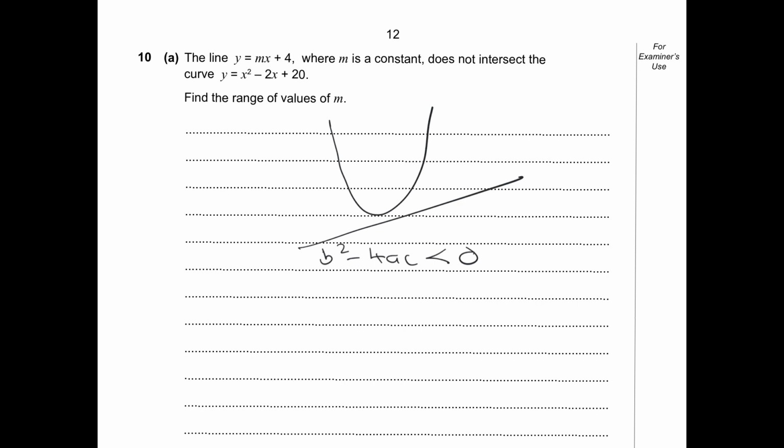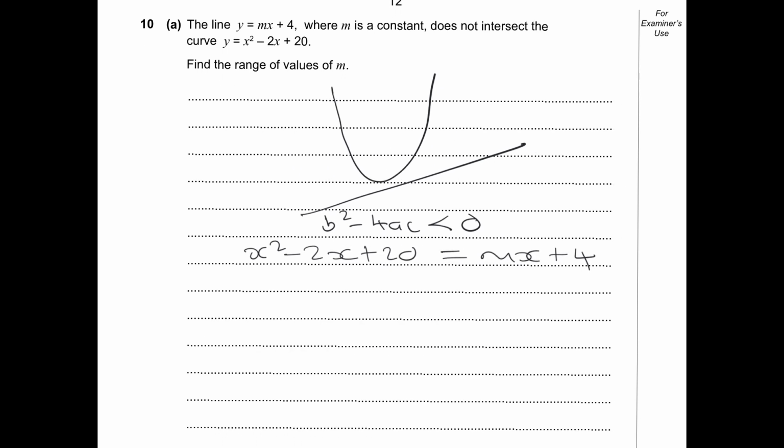But the first thing that we need to do, obviously, is to create a quadratic equation from these two functions here. Even though they are not intersecting, we still have to say x squared minus 2x plus 20 is equal to mx plus 4. So we need to create a standard quadratic equation from there.